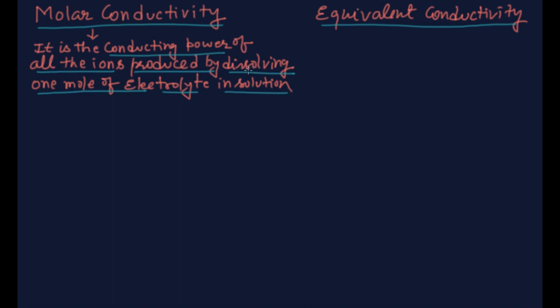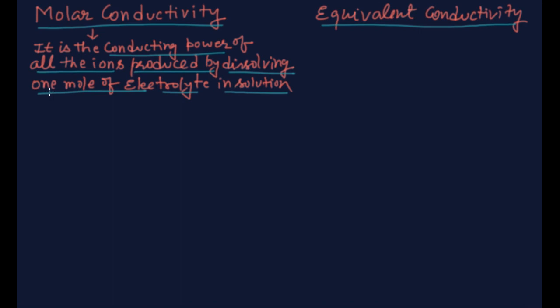Diagrammatically, in a cube of 1 centimeter cube, ions are produced by 1 mole of electrolyte. You can go by that also, but this is very easy to learn and command.